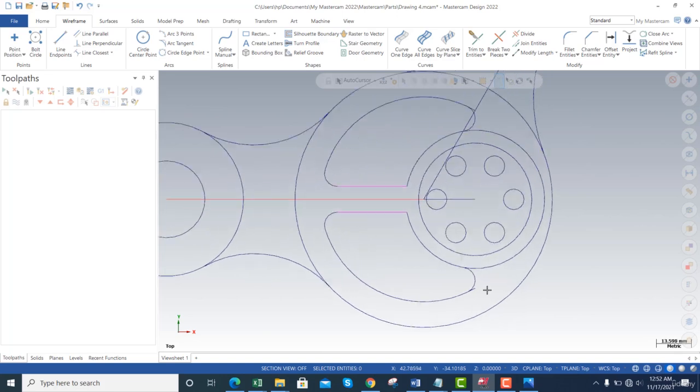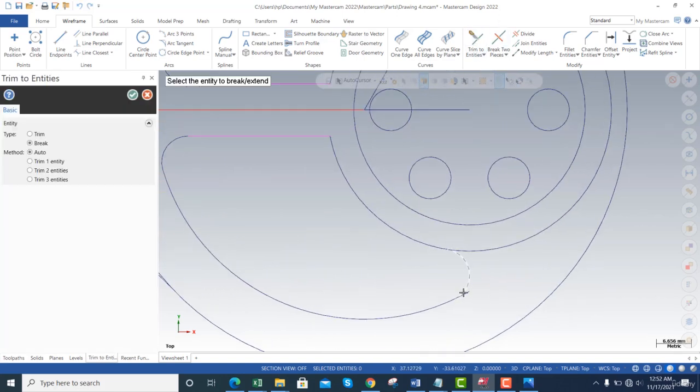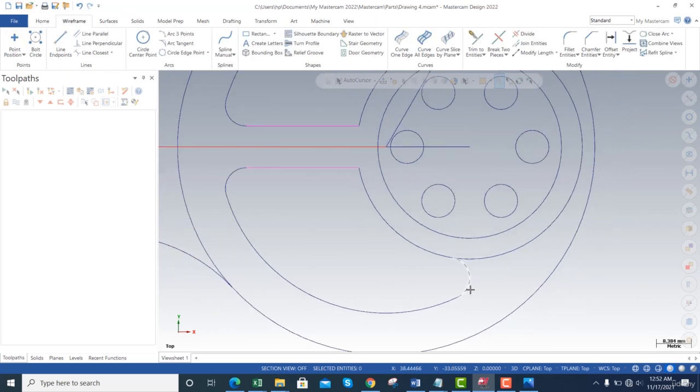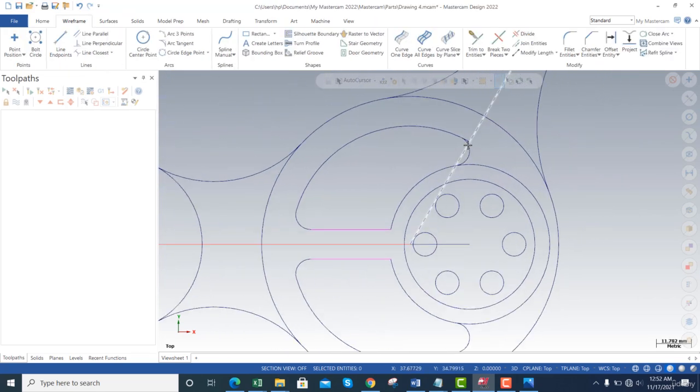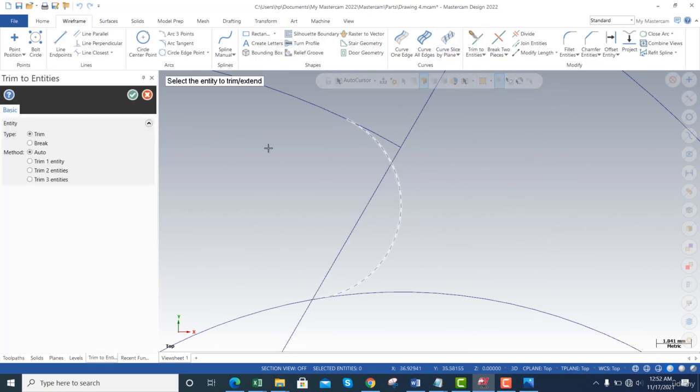Okay, we will also trim these lines. I want to trim this line using this. Okay, it was break, so this was broken, and with this line I will, actually we can use trim and break, both have the same function, but in break we have to delete it separately.